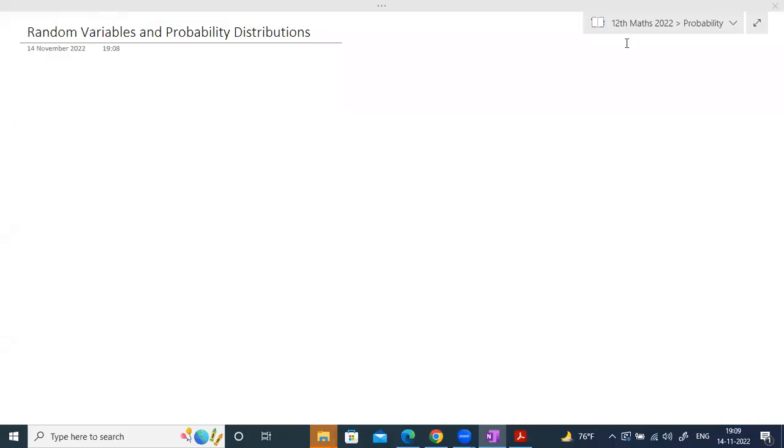Okay, so today's topic is random variables and probability distribution. Let's first understand what is a random variable.